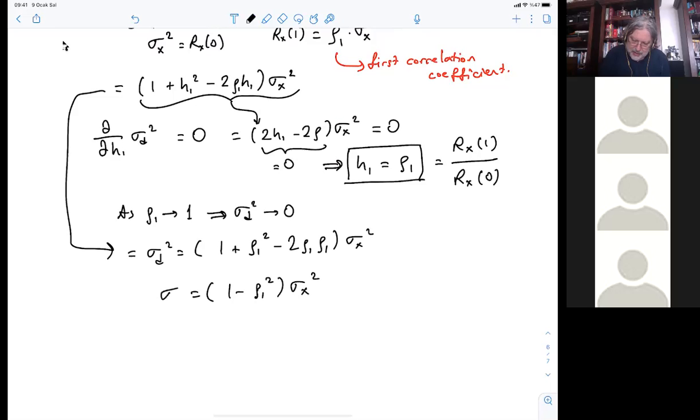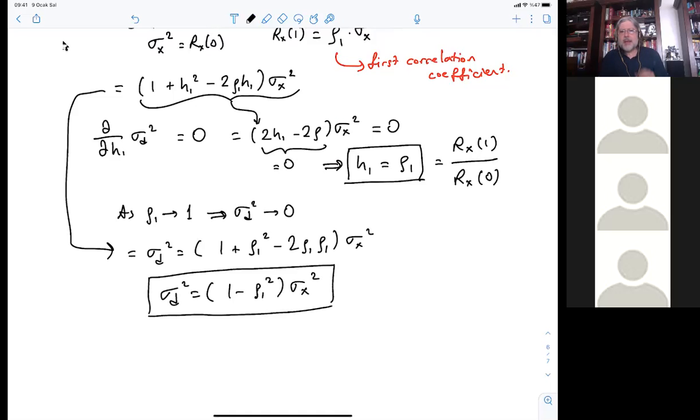So this is the prediction error of the first order predictor. As you see, as rho 1 approaches the value of 1, 1 minus rho 1 square will approach 0. And interestingly, as rho 1 approaches minus 1, again 1 minus rho 1 square approaches 0.